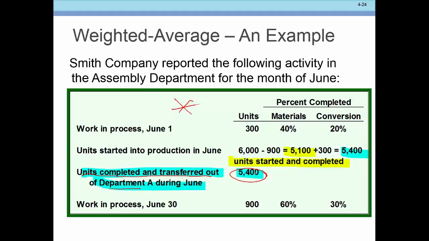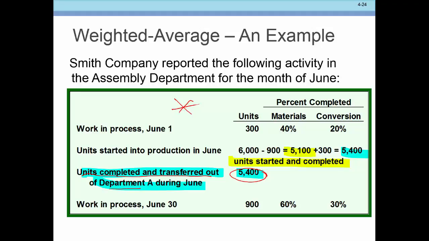I would add that to the 5,400 units to come up with my equivalent units, if they just give me that number. That's the kinder, gentler problem where we just say, here you go, here are the units that were completed and transferred out. We're going to see how those calculations look in a minute, because in this example, they pivot off that number because it was given. With me so far?